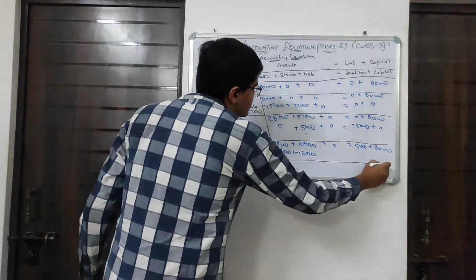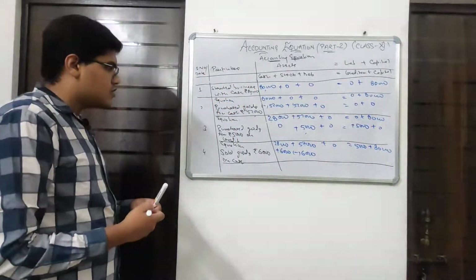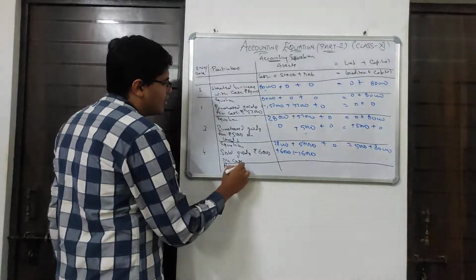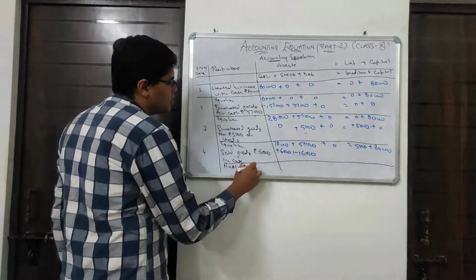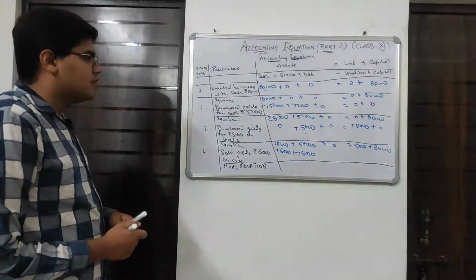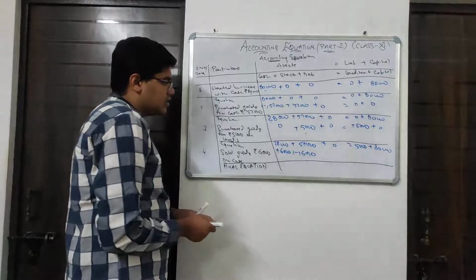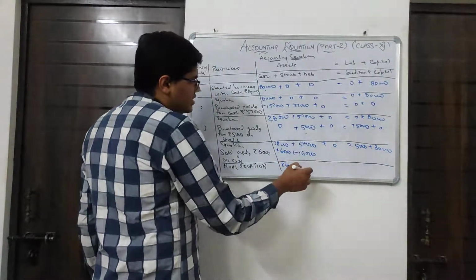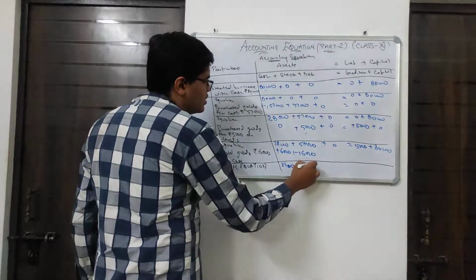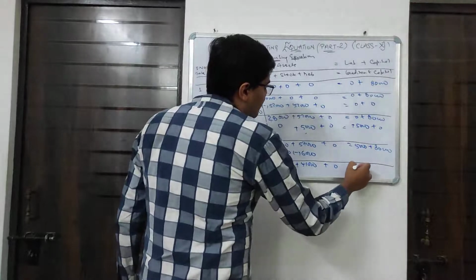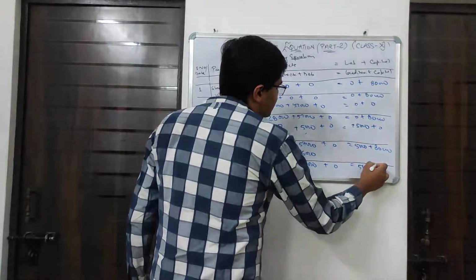Since we have no transactions given in the question, you can write here the final equation, meaning the question ends here. Now there is no equation left. So you can total here, you will get 28 plus 6, that is 34,000, plus 51,000, no change in data, and plus 5,000 and plus 80,000.